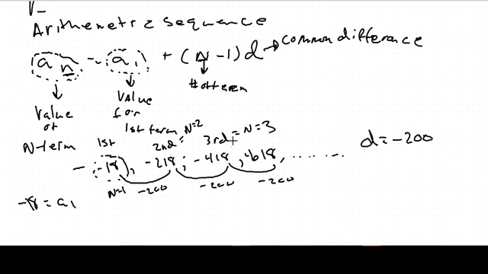So I want to check to see if this equation is going to give me that value. When I say that it's the value of the nth term, if I'm looking at the third term, then n is equal to 3, and a_3 would be equal to negative 418.